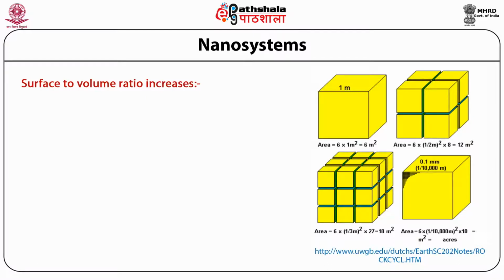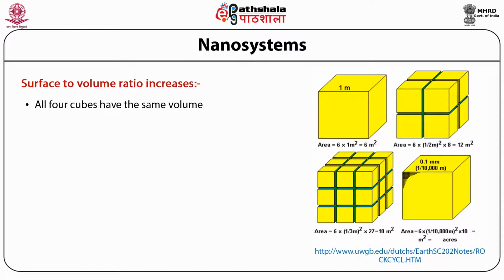As you can see over here, there are 4 cubical boxes in this figure. The first cubical box has an area of around 6 meters squared, and all the 4 cubes have the same volume.